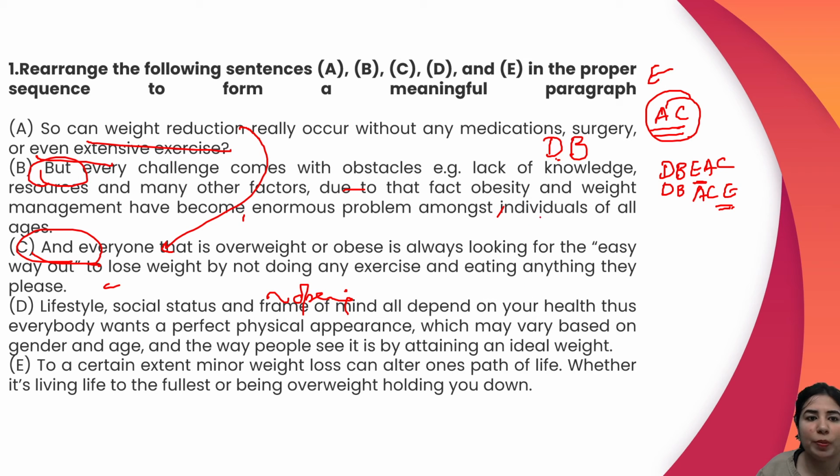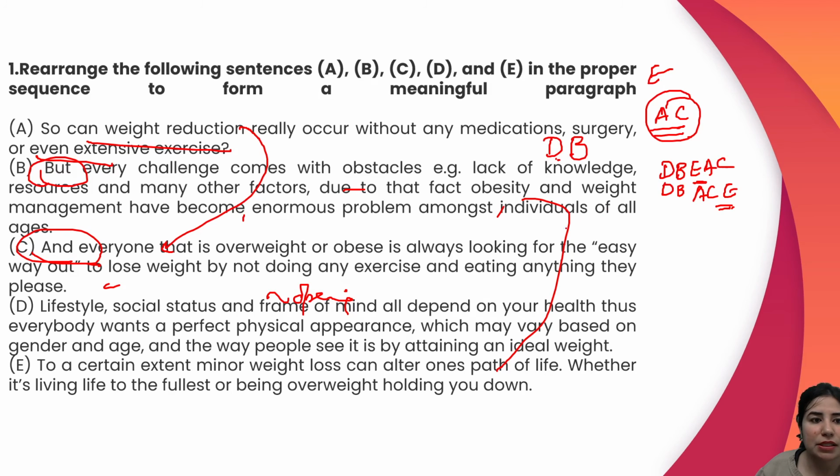Obesity has become an enormous problem. Even if there is minor weight loss, you can change your path of life. So it does make sense if we are connecting B and E. Let's see whether, after placing C, if we put E, it will make logical sense.